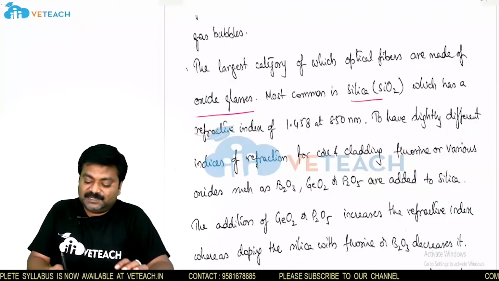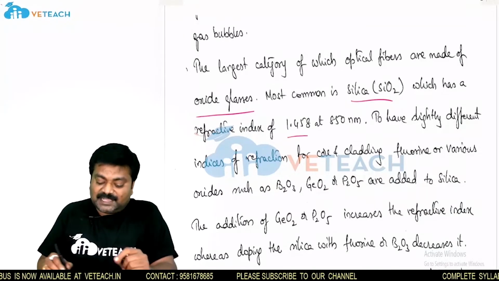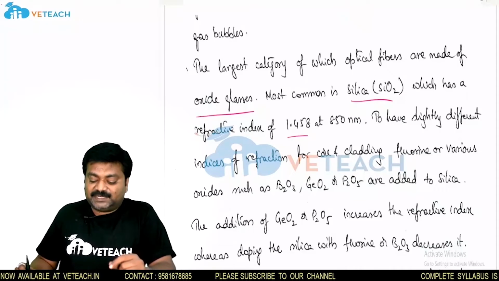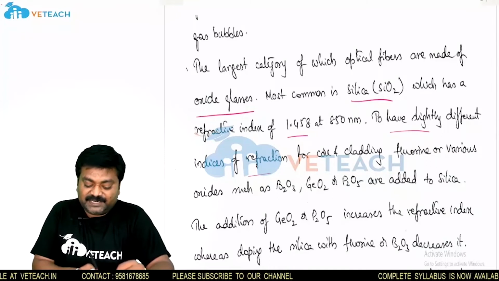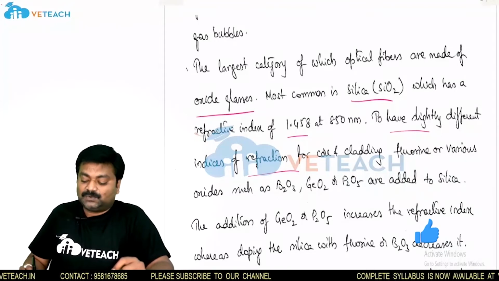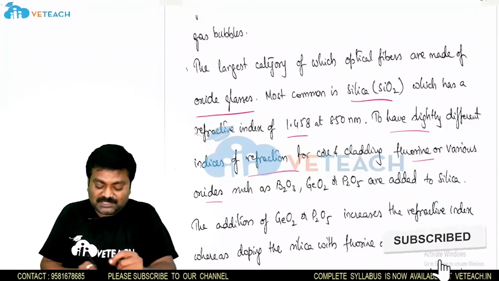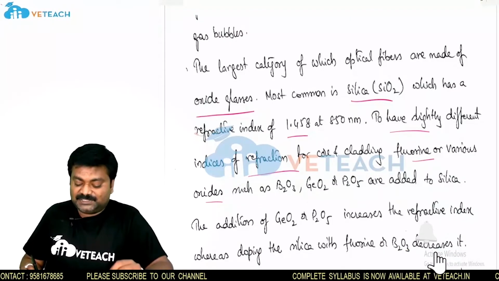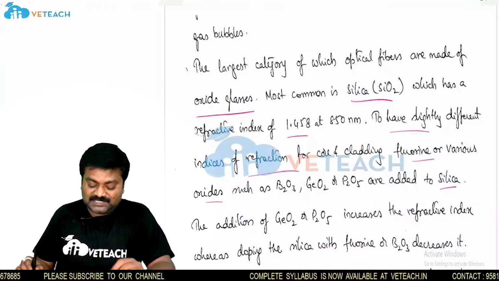Most common is silica, which has a refractive index of 1.458 at 850 nanometers. To have slightly different indices of refraction for core and cladding, fluorine or various oxides such as B2O3, GeO2 or P2O5 are added to the silica.